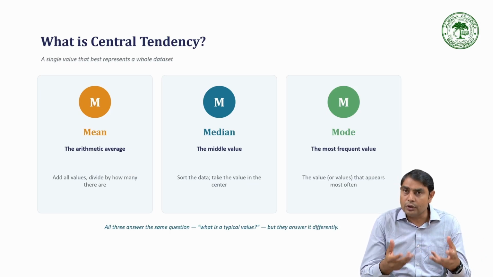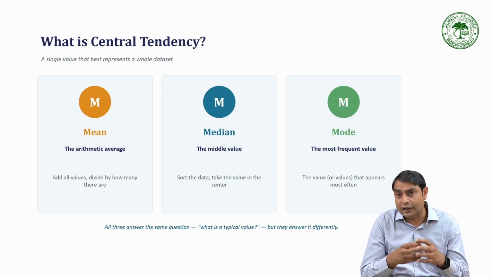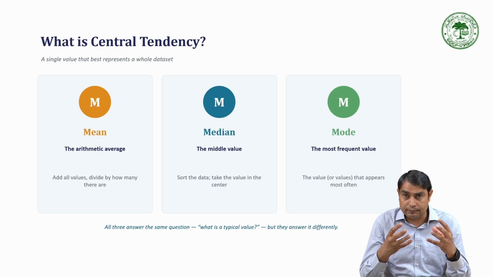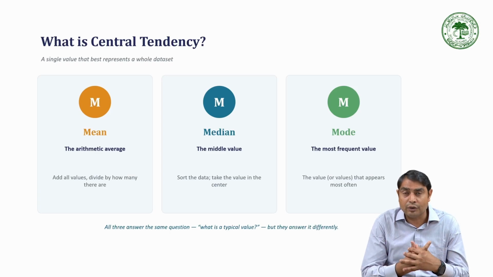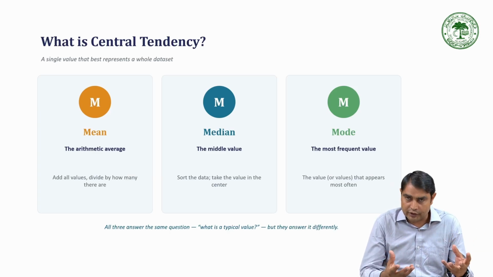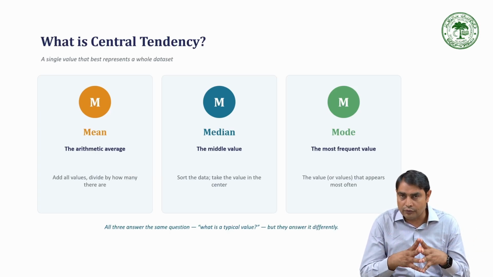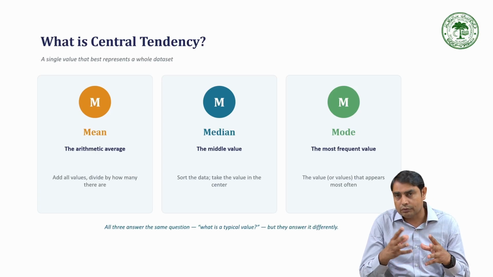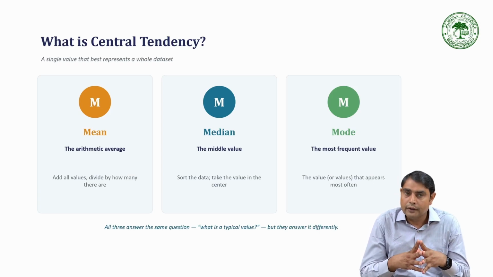So mean will give you a very robust and good result when your data is continuous and you do not have too many outliers, or your data is symmetrical. But it is not suitable if you are dealing with categorical data, or when there are outliers in your data.